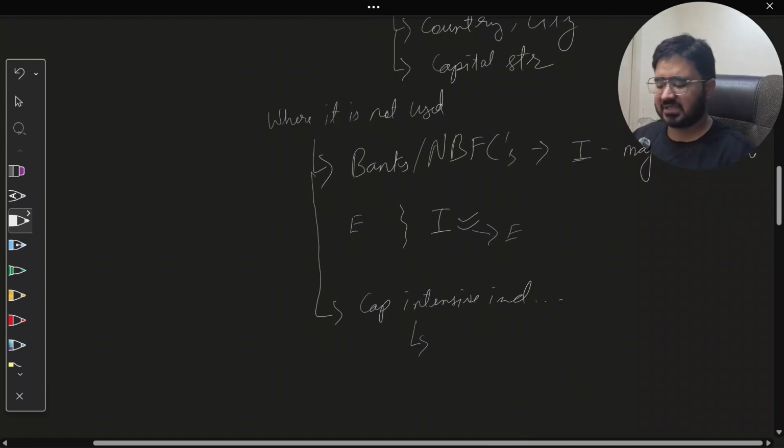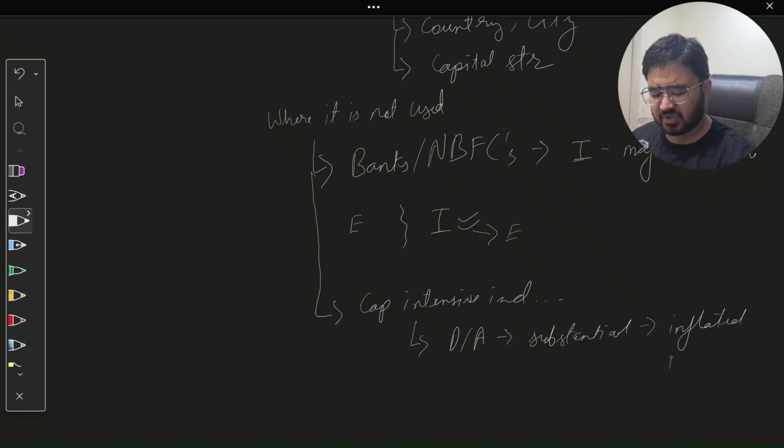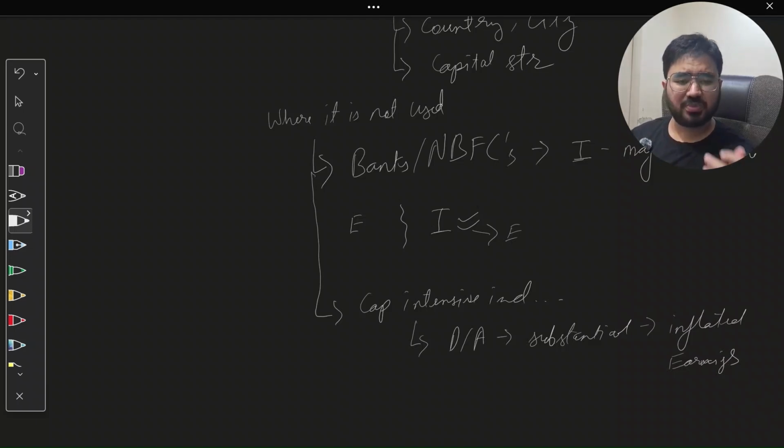Because in capital intensive industry, generally the depreciation and amortization cost is substantial, and it gives you inflated earnings. So it does not give you the true picture.